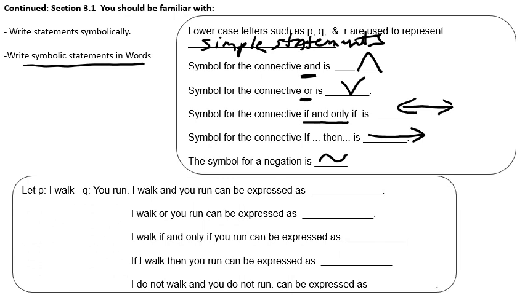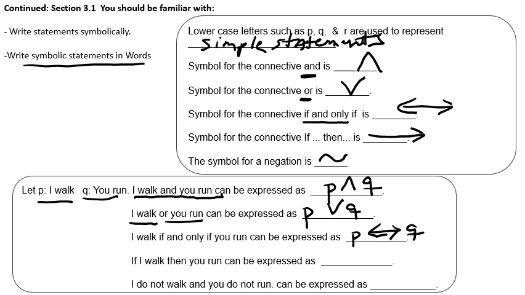So for example, if you let P represent the simple statement I walk, and Q represent the simple statement you run, then this compound statement right here is P and Q. This compound statement, I walk or you run, is P or Q. The compound statement, I'll walk if and only if you run, would be P if and only if Q. If I walk, then you run, is the if-then statement, P implies Q. And then finally, I do not walk and you do not run would be the negation of P and the negation of Q.